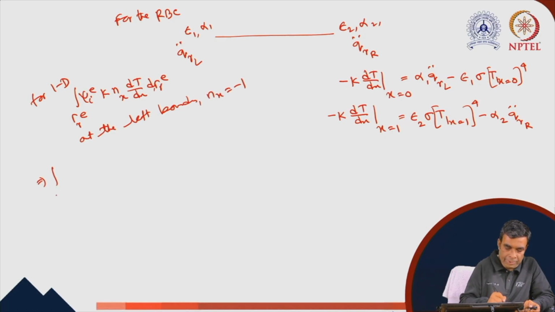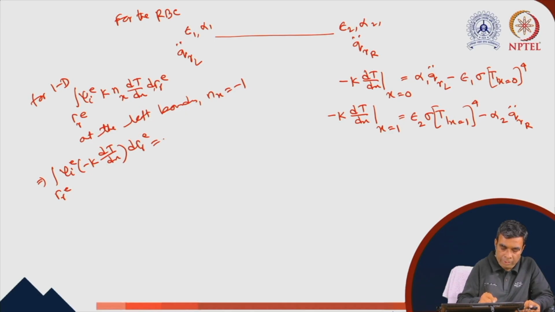This gives us integration over Γ_RE of ψ_IE minus k dT/dx dΓ_RE equals integration over Γ_RE of ψ_IE.